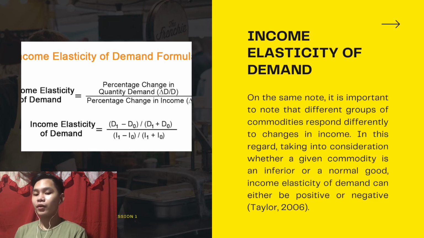It is important to note that different groups of commodities respond differently to changes in income. Taking into consideration whether a given commodity is an inferior or a normal good, income elasticity of demand can be either positive or negative, according to Taylor 2006.